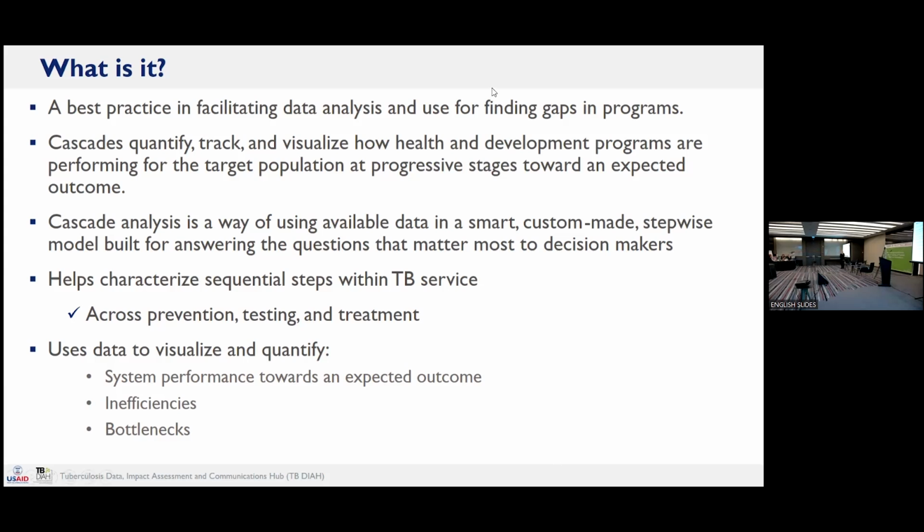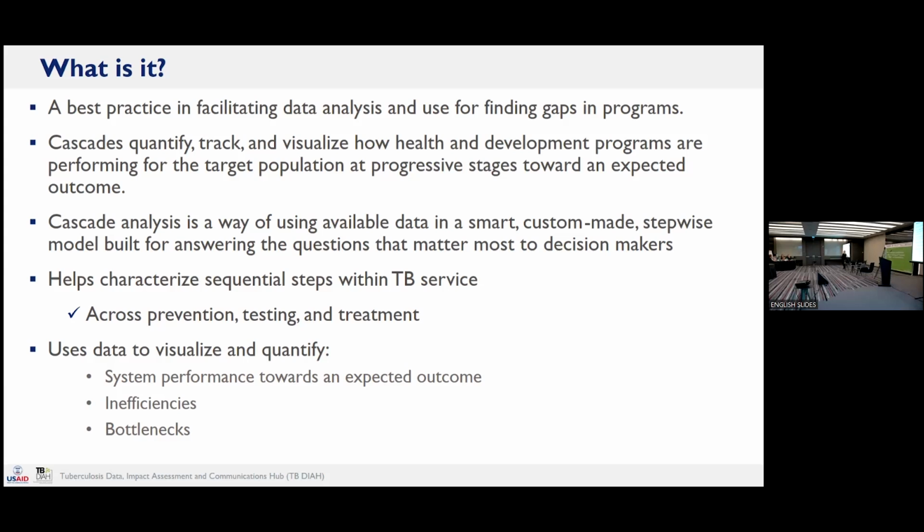It is the way of using existing data in a smart, custom-made, stepwise model built to answer the questions that matter most to decision makers. So it sounds fancy, you know, individual, custom-made.